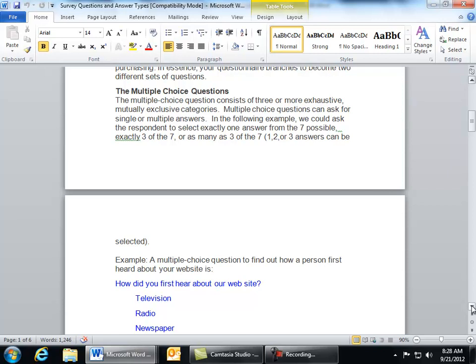So exactly 3 of the 7, or as many as 3 of the 7. So 1, 2, or 3 answers can be selected. So either exactly 3, so each researcher will have 3 examples circled, or they may choose as many as 3. So maybe if they feel strongly about one, they stop there.